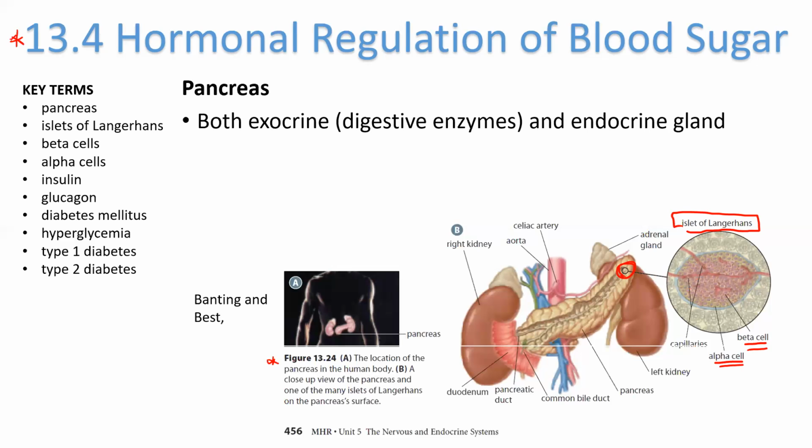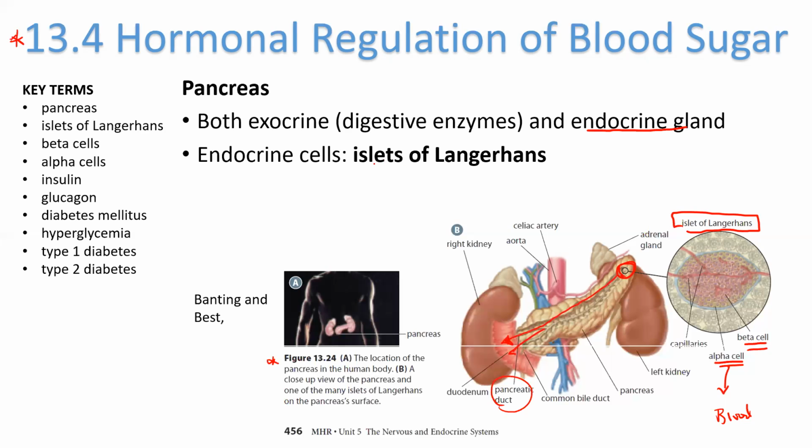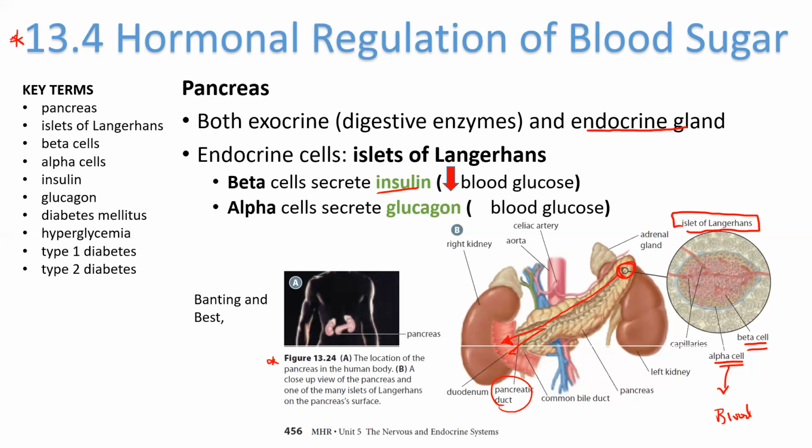So it's both exocrine, there's a duct to release enzymes and bicarbonate into the pancreatic duct, into the digestive system, and endocrine, where these are going to get released directly into the blood. Endocrine cells, islets, the beta cells secrete insulin, and insulin lowers blood glucose levels. Alpha cells secrete glucagon, and that raises blood glucose levels.